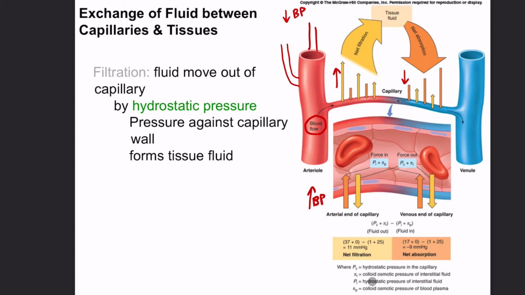But even then, there is still blood pressure coming through here. And that blood pressure is going to push fluid out of the capillary. This is called filtration caused by hydrostatic pressure. We're going to talk a little bit more about this. And so this usually happens on the arterial end of the capillary, so closer to the arteriole.